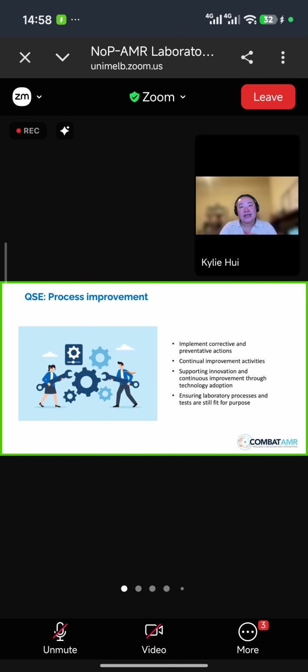Whether it be the process improvements or continuing education, some type of improvement for the lab, to continuously have these throughout the year would be very good to ensure that the lab keeps on improving and is still fit for purpose. We want to support innovations and continuously improve through technology adaptation. So very similar to what we discussed with the consumable and inventory management. And we want to ensure that the laboratory processes are still fit for purpose.